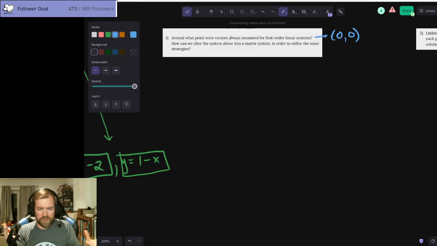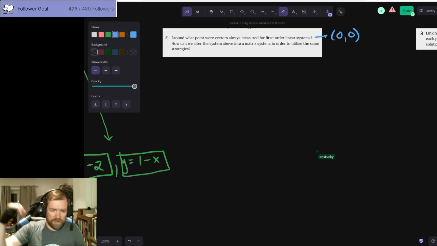All of our solutions were using that eigenvector as part of their movement behavior in order to transform the matrix, transform our initial x vector to some new vector.